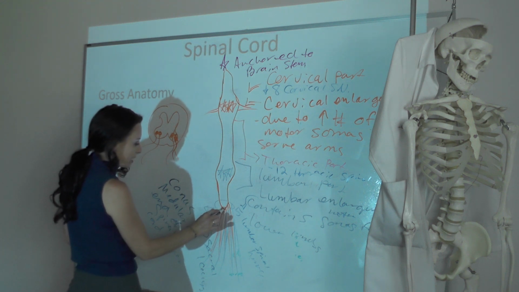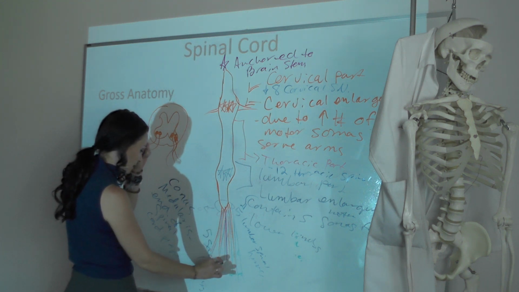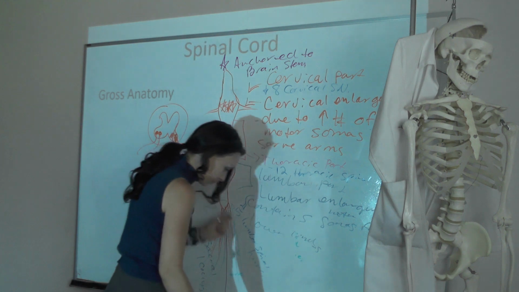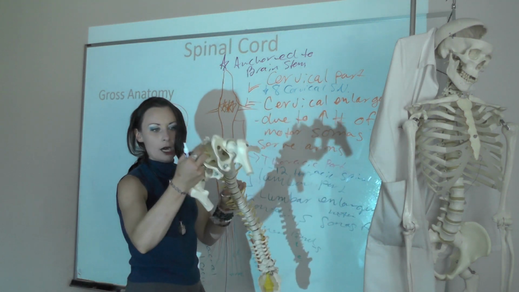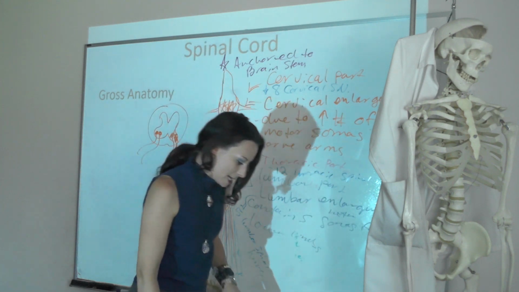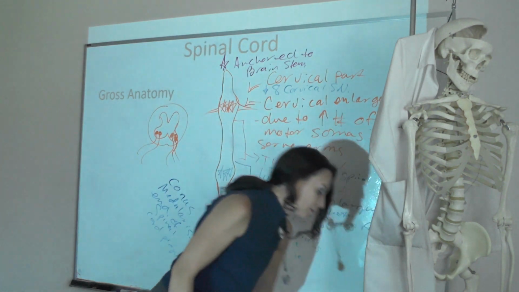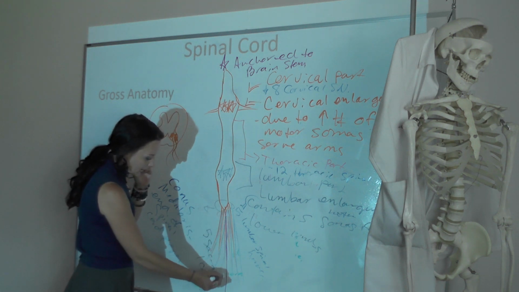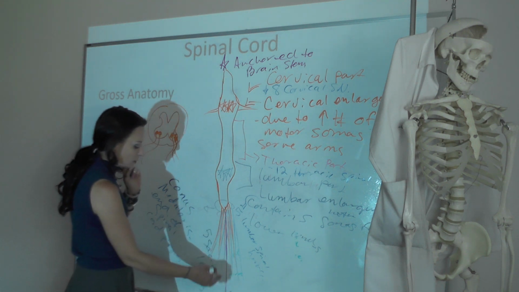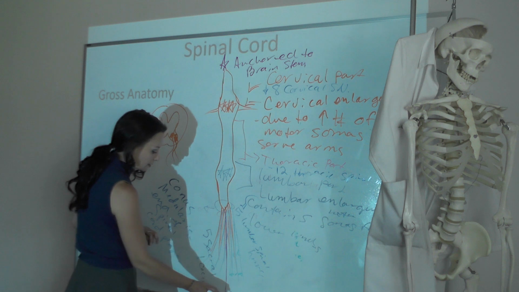Inferiorly, what we would see coming out of this conus medullaris and extending all the way down through the vertebral column and attaching to the coccyx down here is this strand of kind of extension of pia mater called the filum terminale. And it's going to go down and anchor the spinal cord inferiorly to the coccyx.